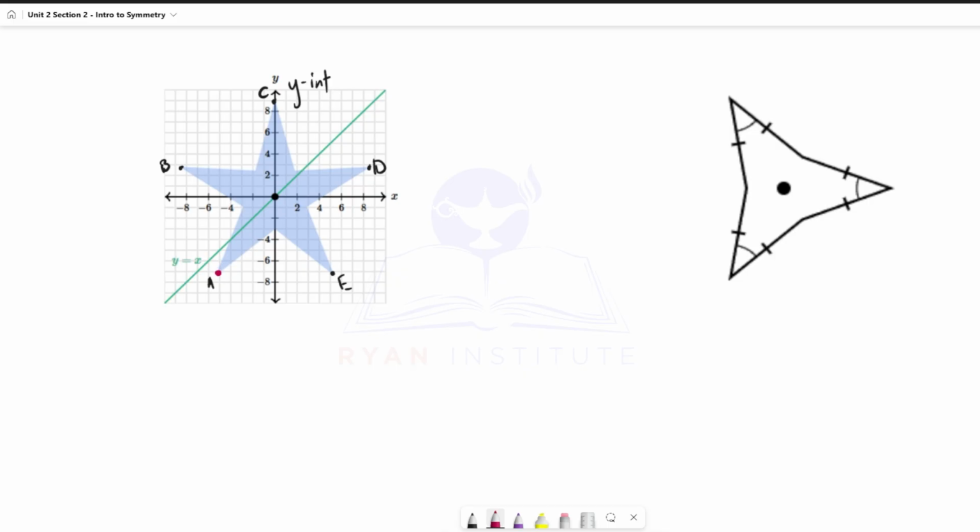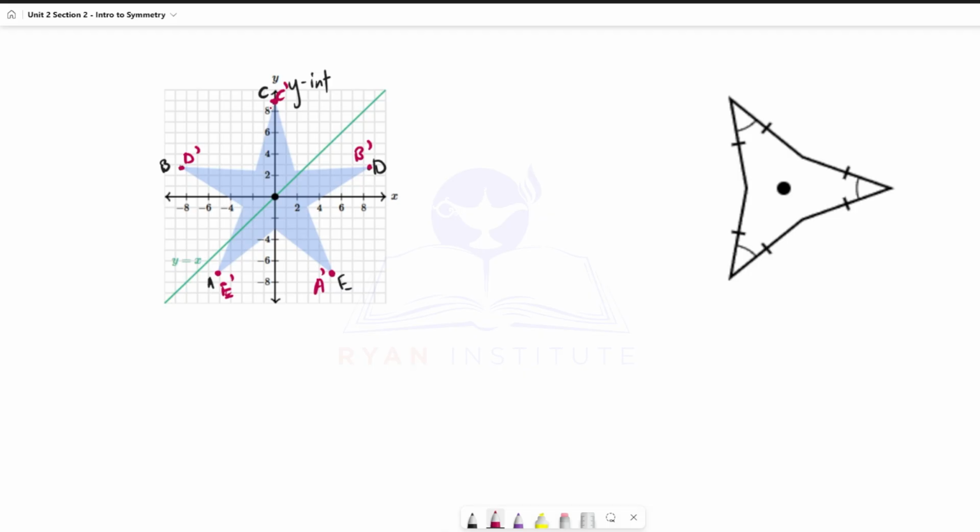So this would now be E prime. This would now be A prime. This would stay C prime. And then it looks to me like we're about 8.5 here and about 8.5 here. So B and D will also switch positions.